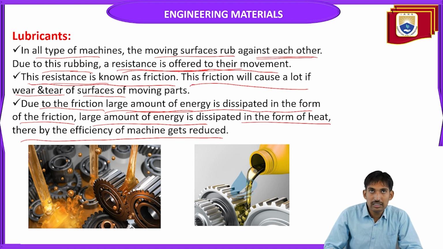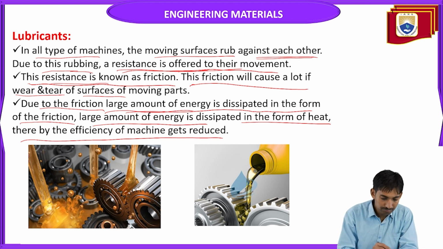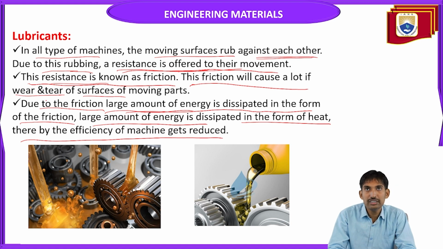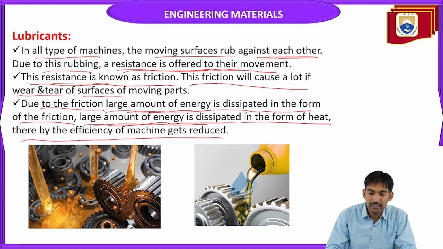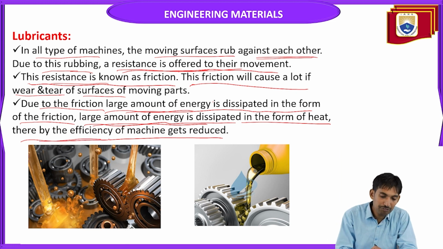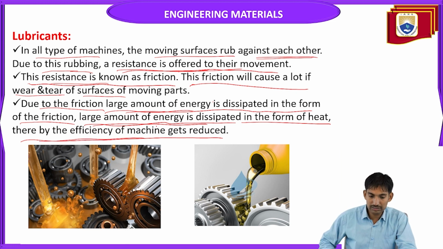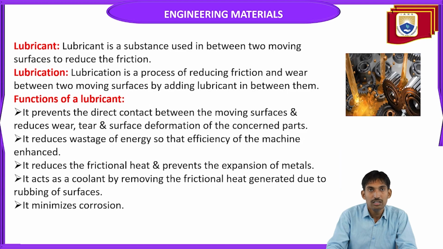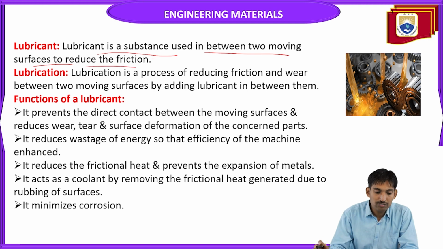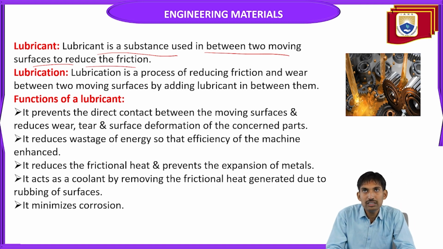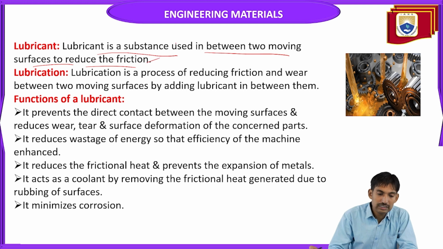This friction causes a lot of wear and tear, and a large amount of energy is dissipated in the form of heat, so the efficiency of the machine gets reduced. A substance used in between two moving surfaces to reduce the friction is called a lubricant.